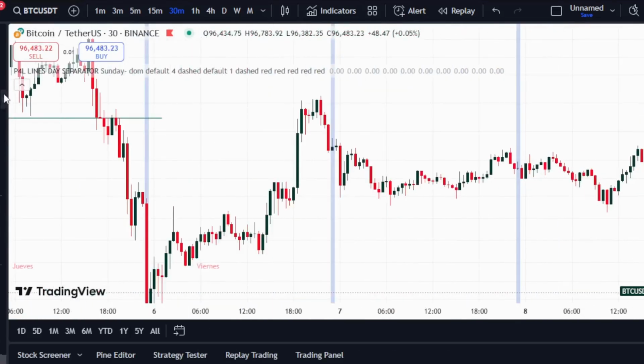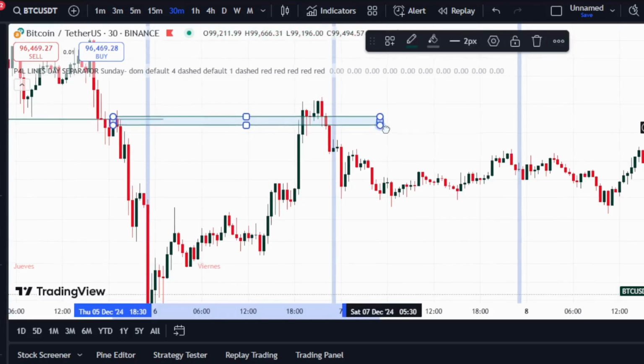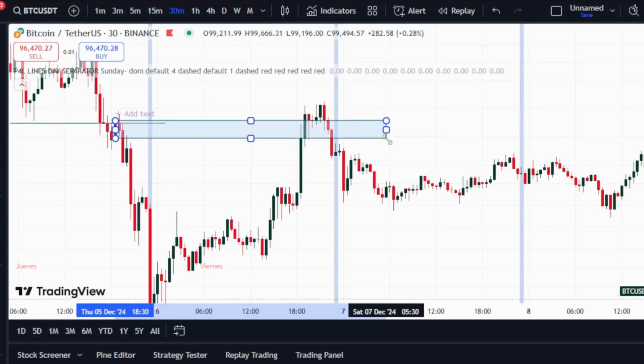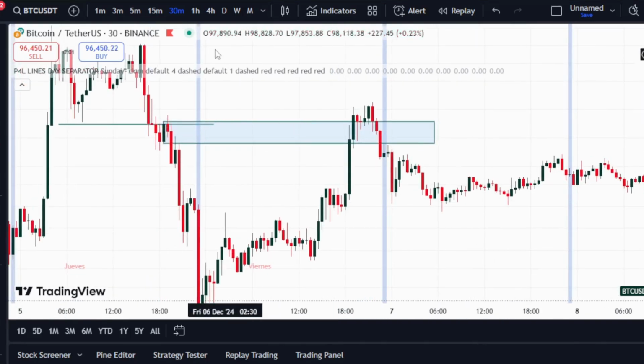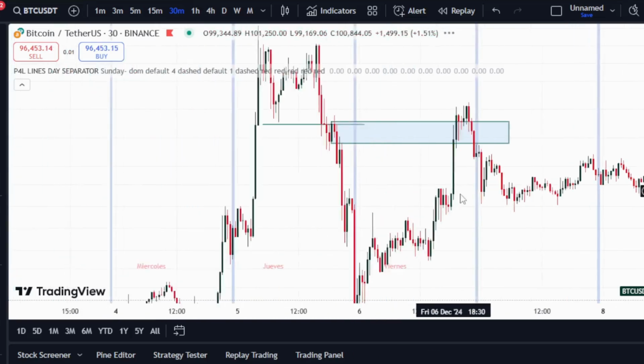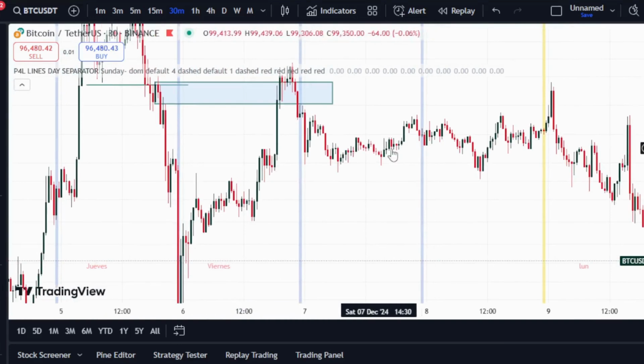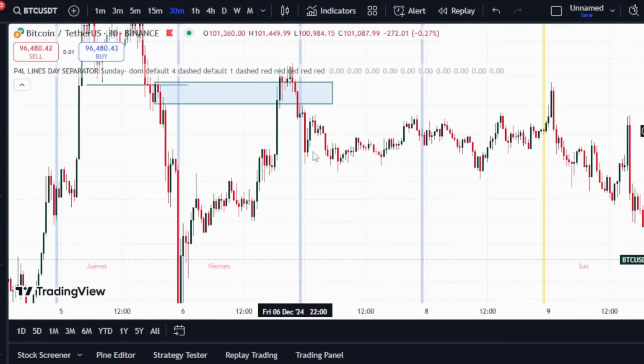So if we now, let's mark that, let's mark, yeah, so we mark this place. So what happened when price came back to this zone? So we saw some level of reaction here, and eventually the price started dropping, and dropping.